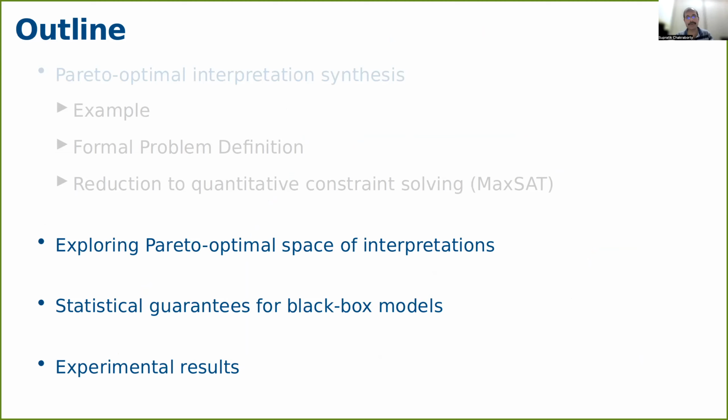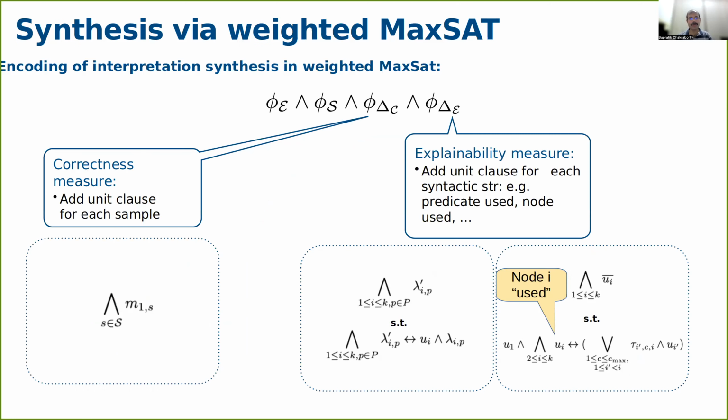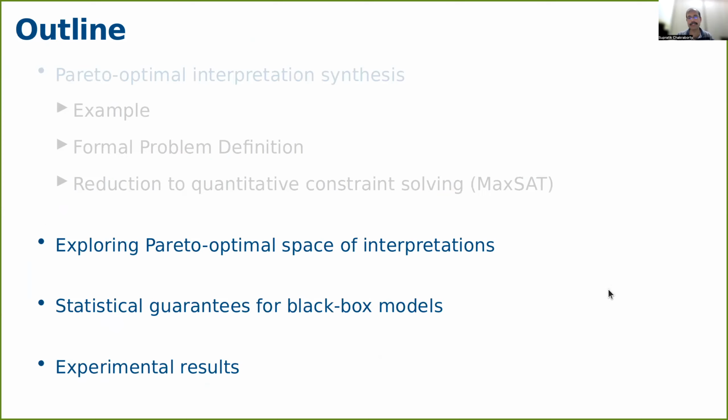Yeah, okay, great. So what we are trying to do is assign a weight to each of these unit clauses, and these weights could depend on the samples. They could also depend on the predicates, and we are maybe saying assign a weight of 1 to each of these so that the number of nodes is minimized. That's based on the metrics that we chose.